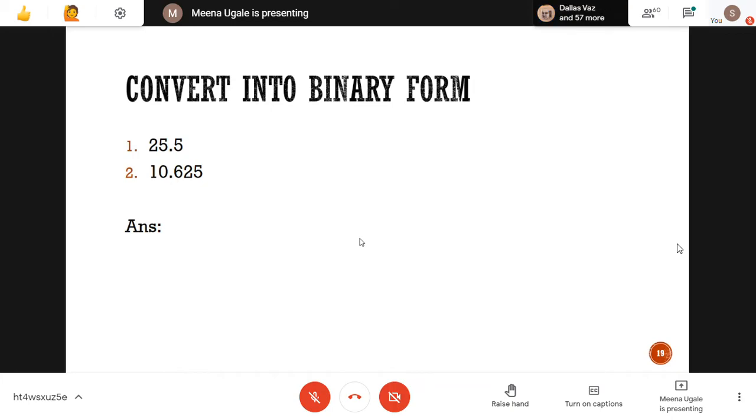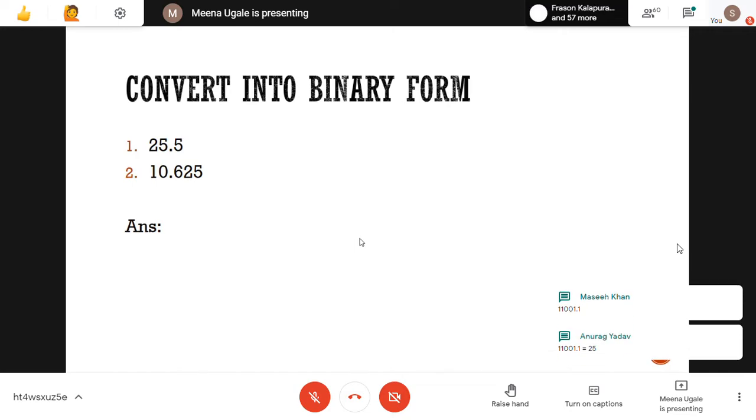Ma'am, for 25.5, it will be 11001.1. And for 10.625, it will be 1010.101.